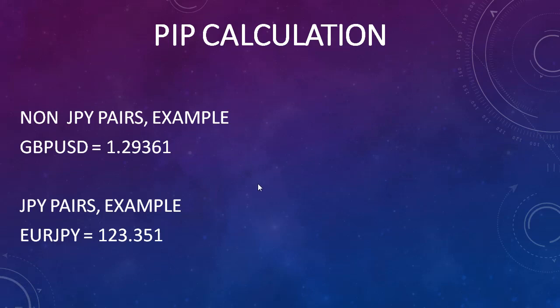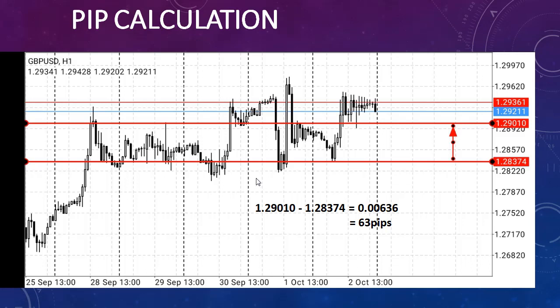It's very, very simple. Alright, so let's consider non-JPY pairs first. In this case, we have GBPUSD, and let's say this was the price. The price moved from 1.28374 to 1.29010.